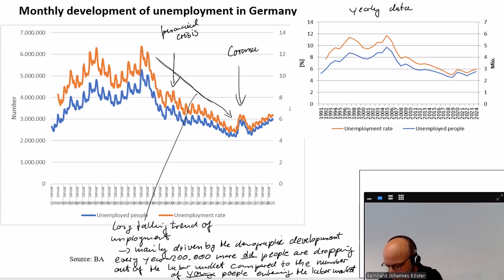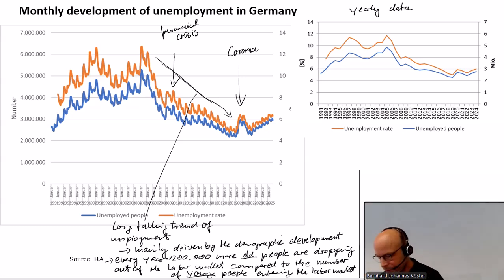This long-term falling trend is mainly driven by the demographic development, and this means every year 200,000 more old people are dropping out of the labor market compared to the number of young people entering the labor market. Well, and this demographic development will go on at least until 2030, 2035.